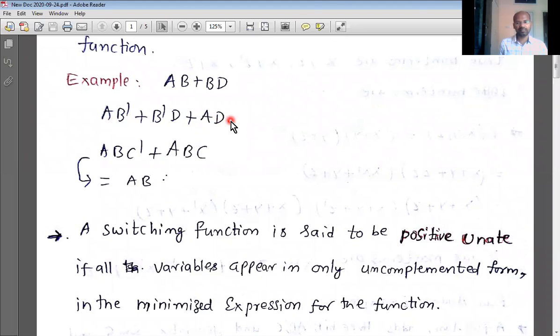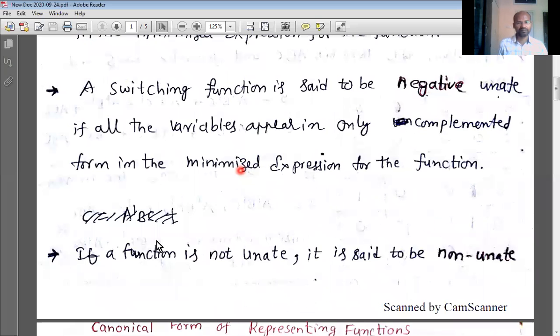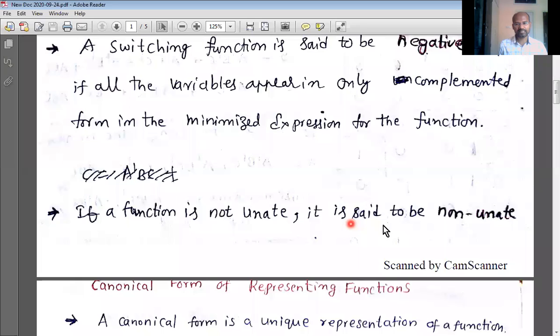Of course, it is unit function. If a function is not unit, it is said to be non-unit function. If it is not satisfying the definition of unit function, then such a function is said to be non-unit function.